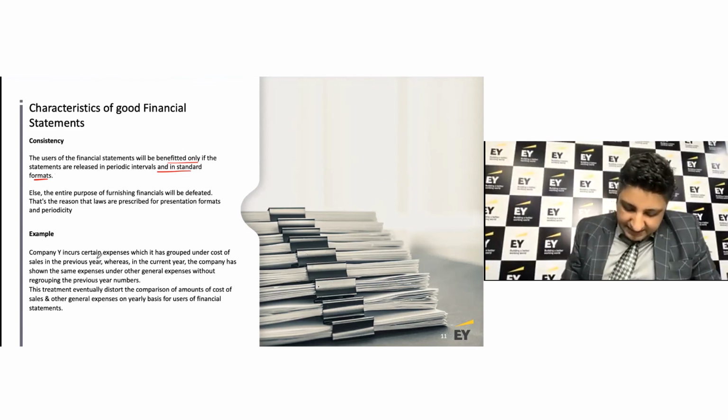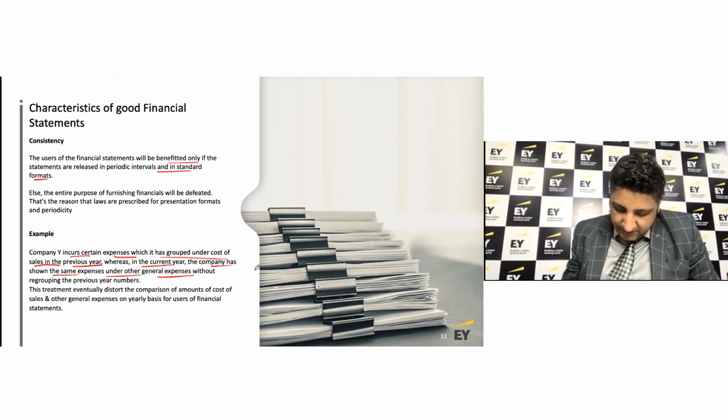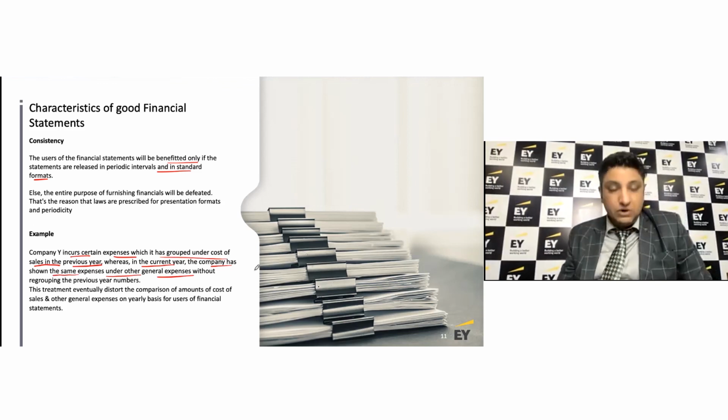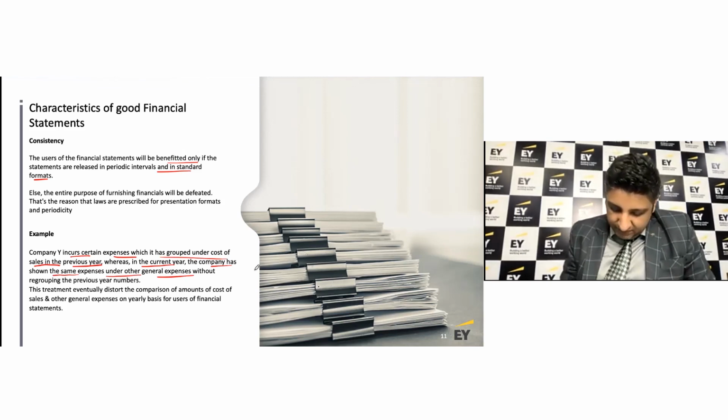The basic example stated here says that company Y incurs certain expenses which it has grouped under cost of sales in the last year. However, in the current year, the company has shown the same expenses under general expenses without regrouping the previous number. So this is purely an example of inconsistency.